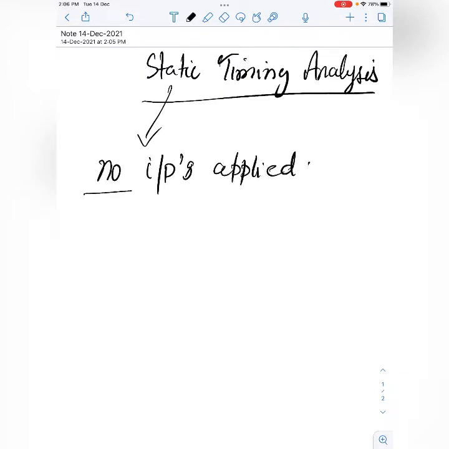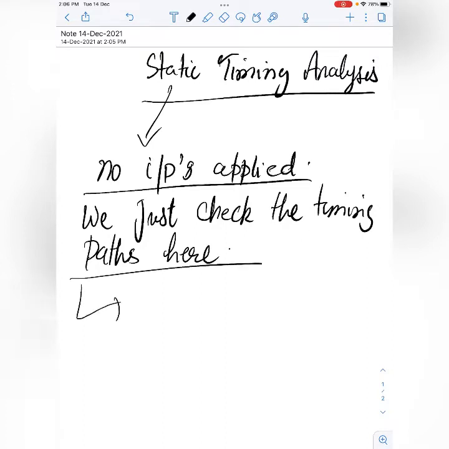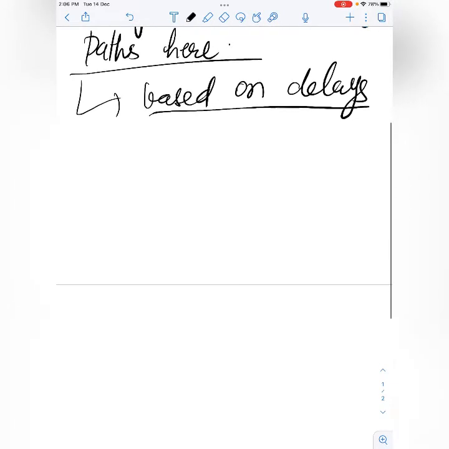We just check the timing paths based on delays. Okay. And there is one more term that is called dynamic timing analysis.